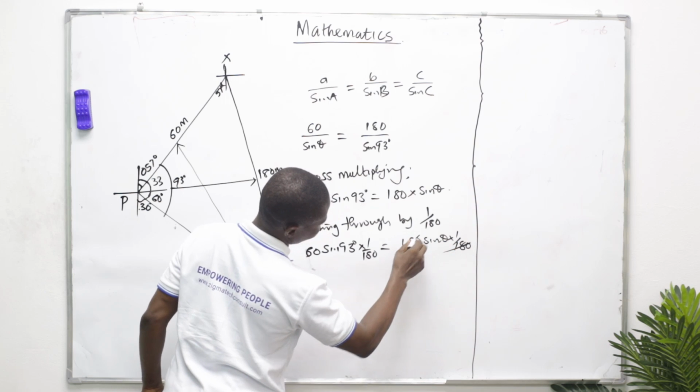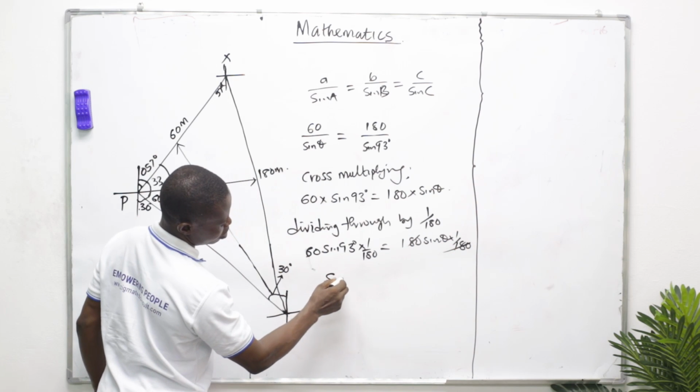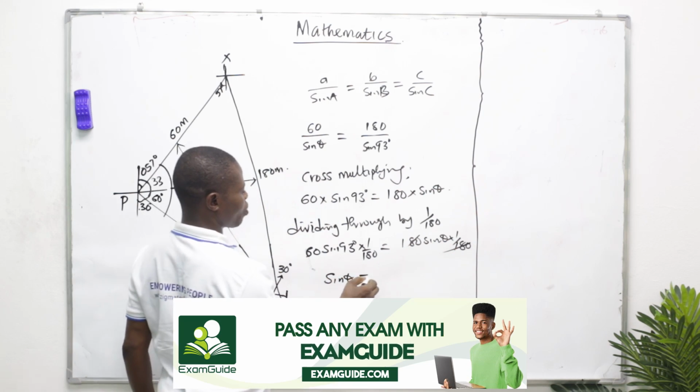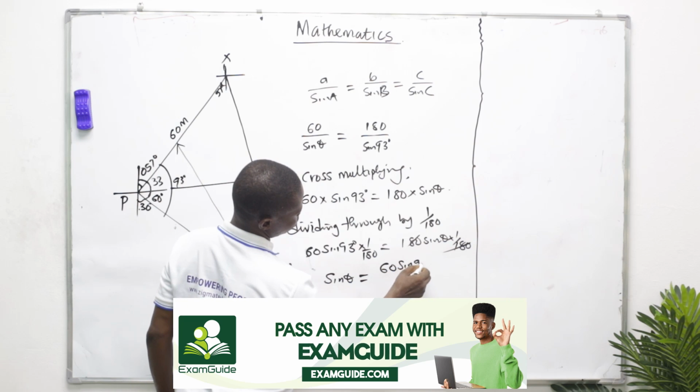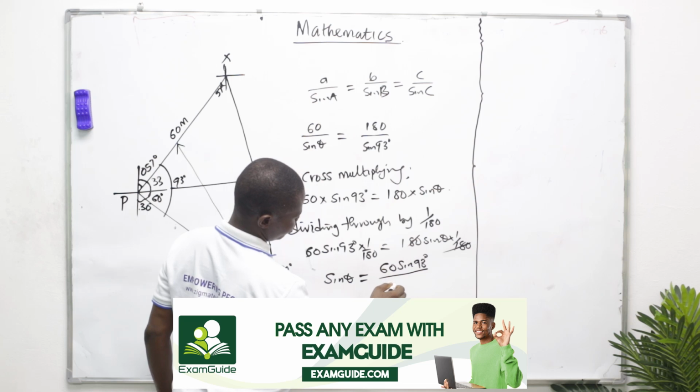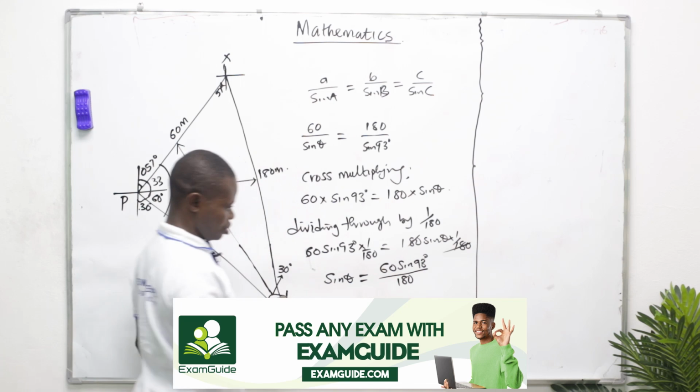So this takes care of this. So sin theta now equals 60 sin 93 all over 180 meters.